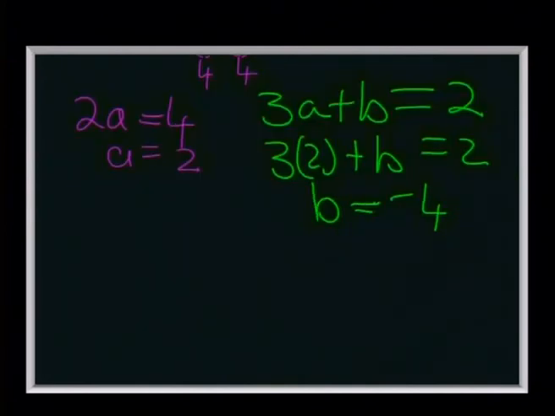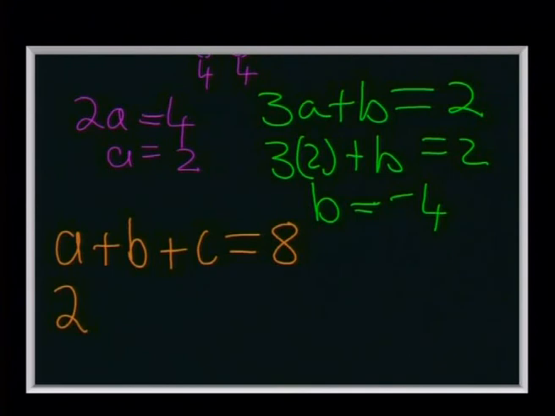Only one more variable left to calculate, and that is C. Now remember, we also know that A plus B plus C is equal to the first term of our sequence, and the first term in our sequence was 8. So we put that equal to 8. Luckily, we already know that A is 2.